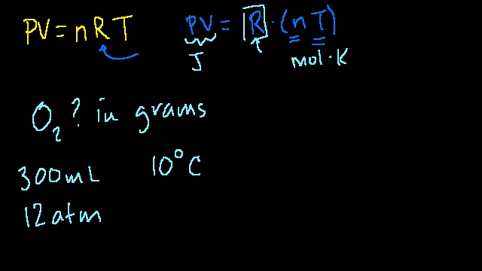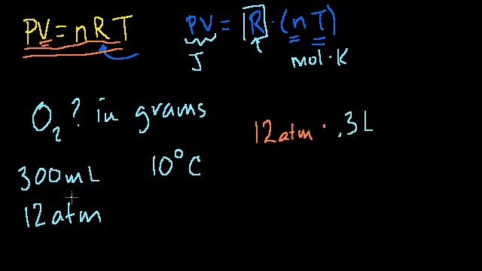Well, we've already broken out our ideal gas equation. Pressure is 12 atmospheres, so we can say 12 atmospheres times the volume. The volume should be in liters. So this is 300 milliliters, or 300 thousandths of a liter, which is 0.3 liters.